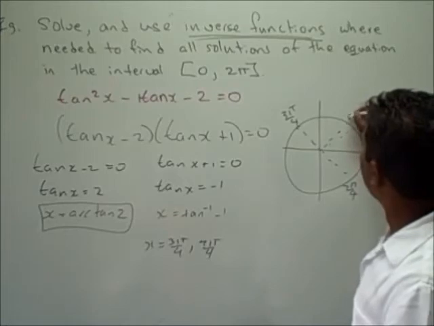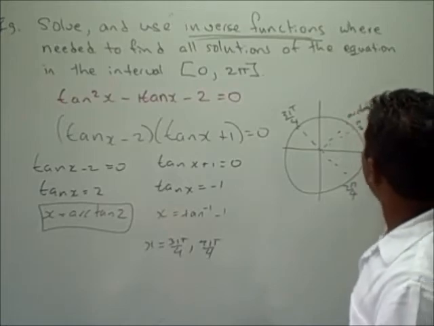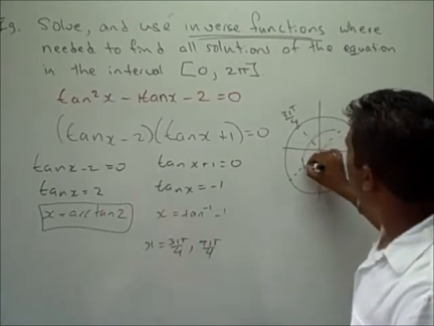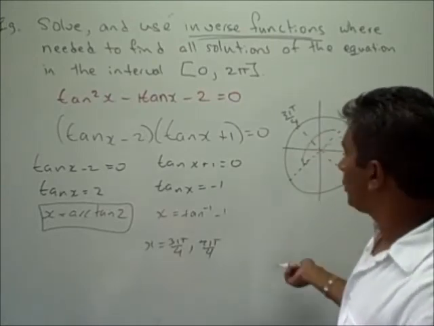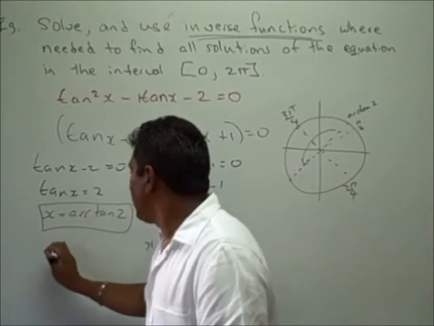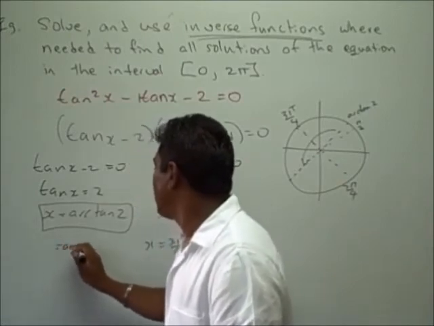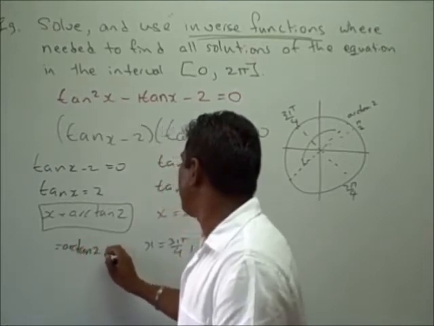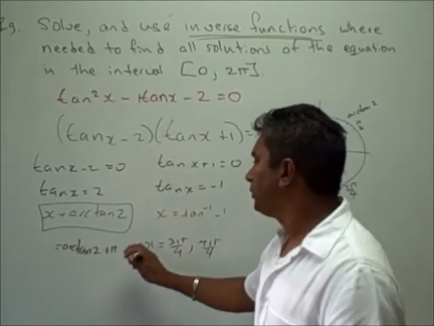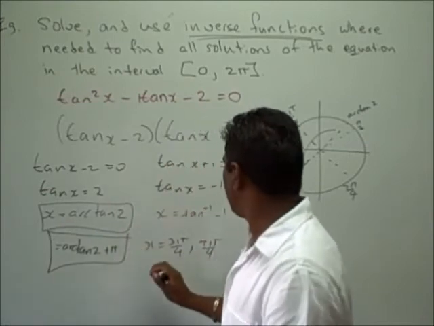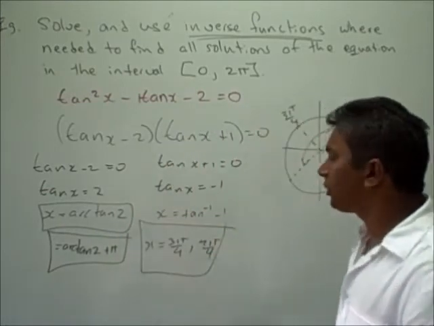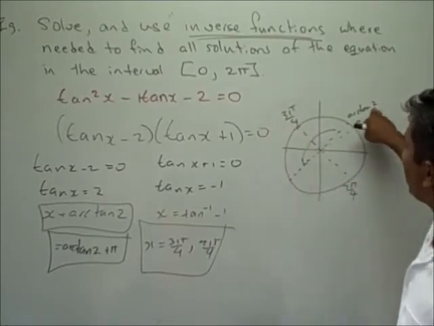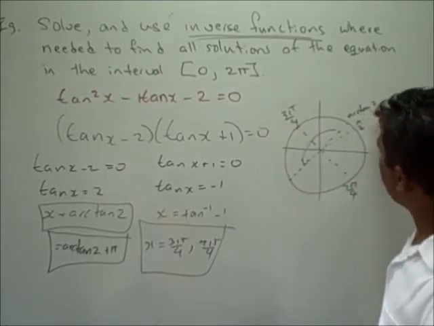That means there's also a reflection down here by adding pi to it. So x is also equal to the arctan of 2 plus pi. So one solution, two solution. This equation has 4 solutions: 3 pi over 4, 7 pi over 4, the arctan of 2, and the arctan of 2 plus pi.